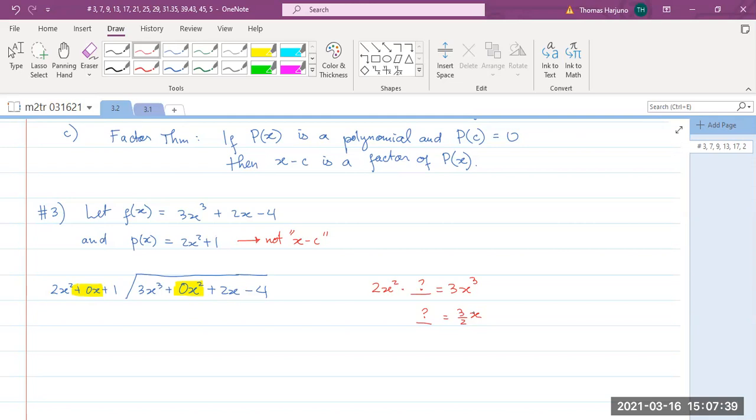Let's build it again. 2 times 3 over 2 gives us 3, and x squared times another x gives us x cubed. So 2x squared multiplied by 3 halves x gives us 3x cubed.